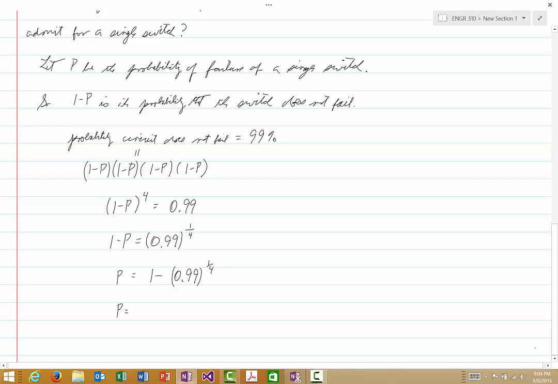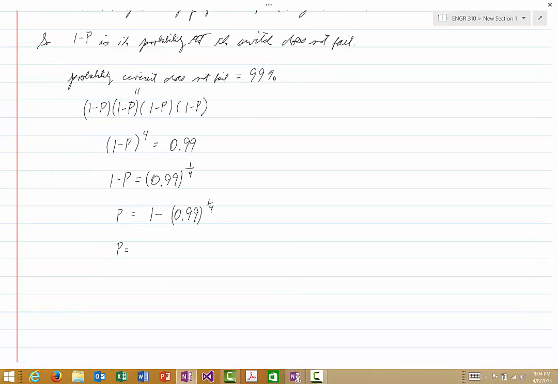I get that p is equal to 0.0025. This is not the exact value, but that is the value to 4 decimal places. Or in other words, 0.25%.